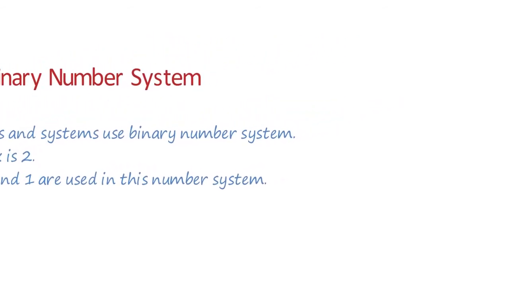Similarly, the successive positions to the right of the binary point have weights of 2 raised to minus 1, 2 raised to minus 2, 2 raised to minus 3, and so on. That means each position has a specific weight which is a power of base 2.